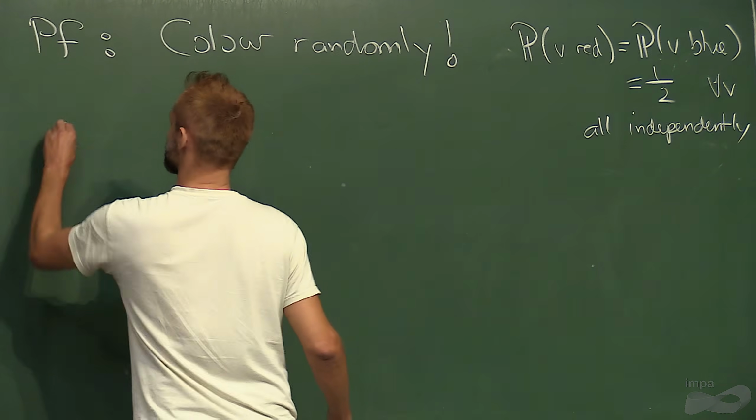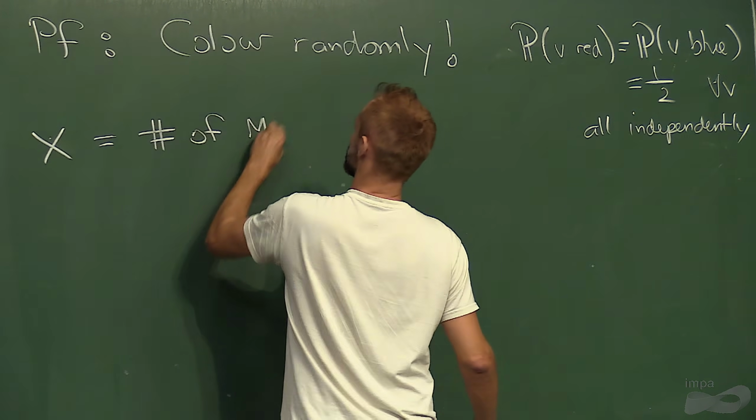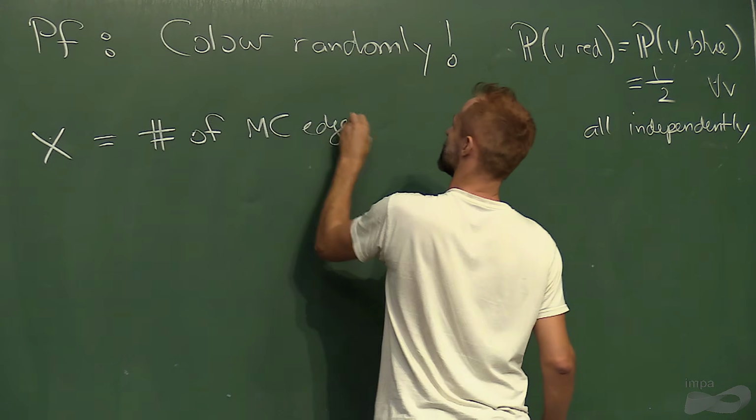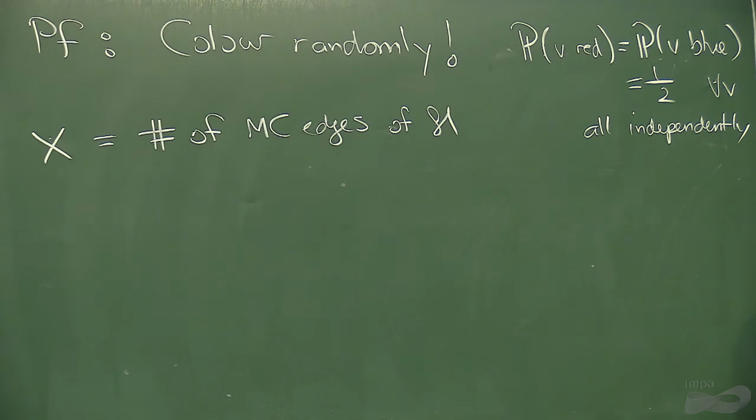So let's say X is the number of monochromatic edges of H. Here you go. That's a random variable. You've got a random coloring. That's a number that depends on the coloring. That's all a random variable is. You're given something random, it outputs a number.